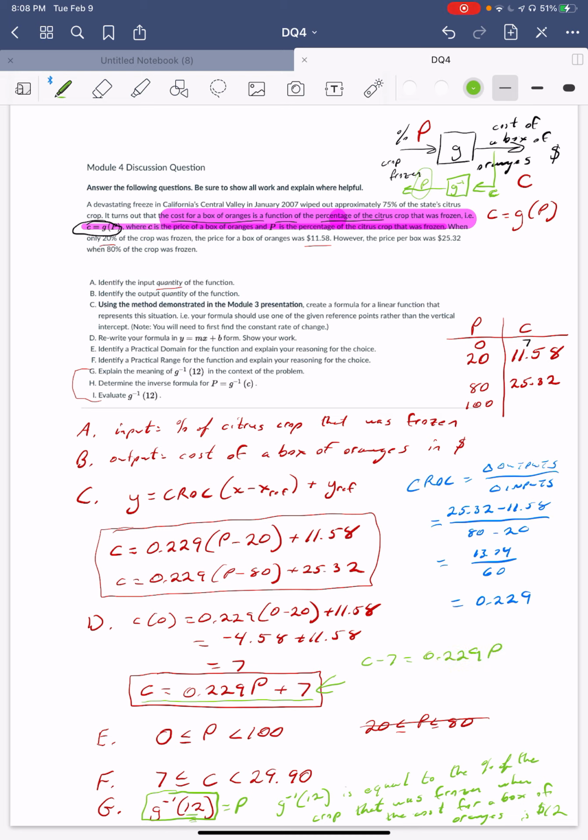Then I will divide both sides by 0.229, and I end up with C minus 7 over 0.229 equals P. That's my inverse formula.